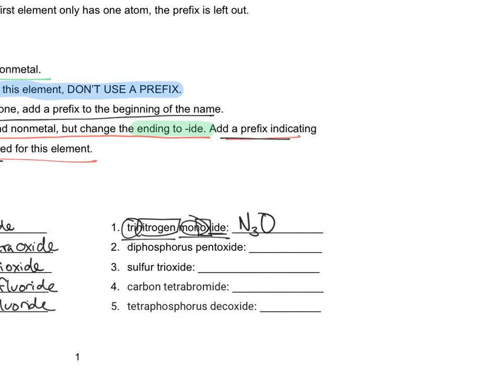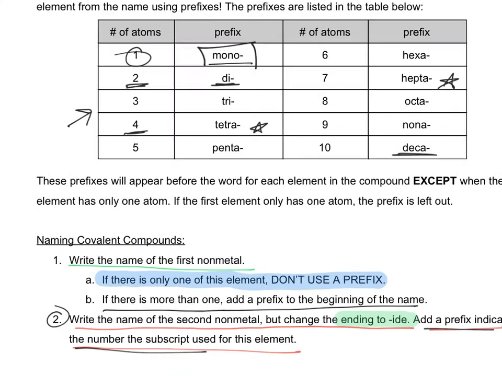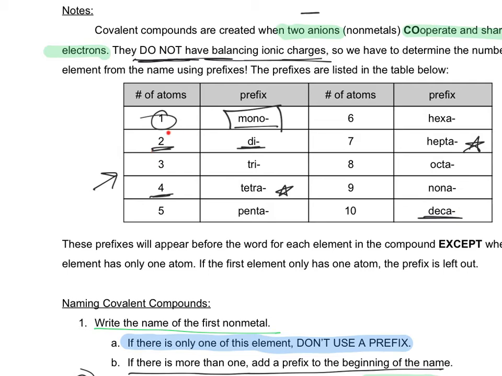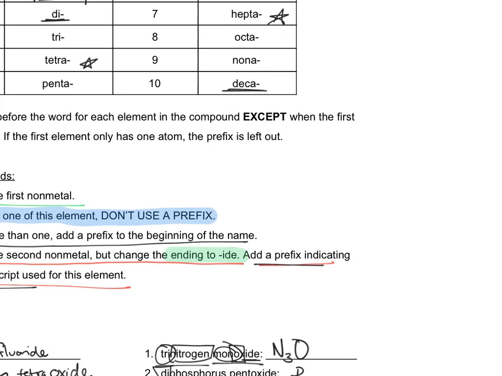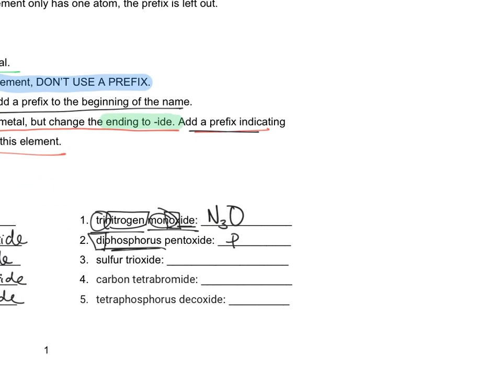Scooting down to number 2, you've got diphosphorus pentoxide. Phosphorus is a P. And it's got that di prefix. Di, if you go look up here at the chart, is 2. Di is 2. So the subscript down there for P is 2.